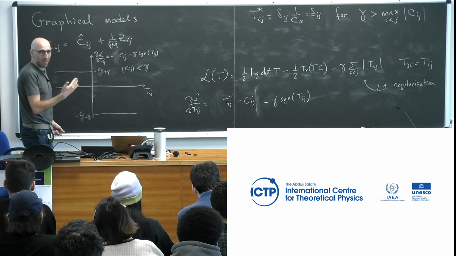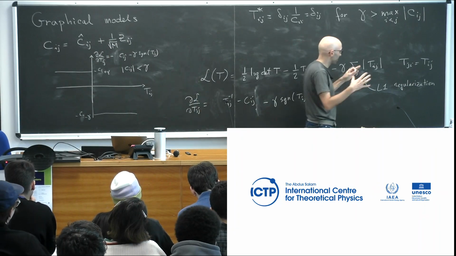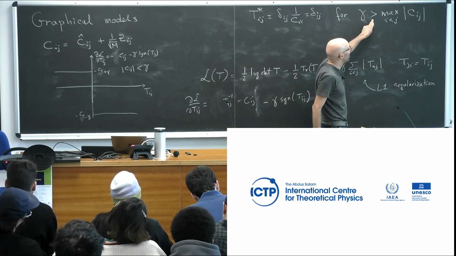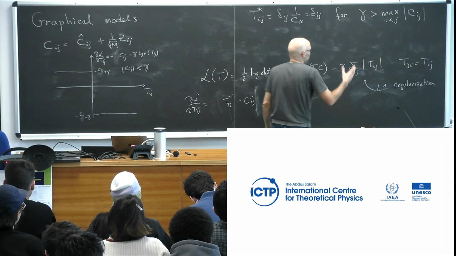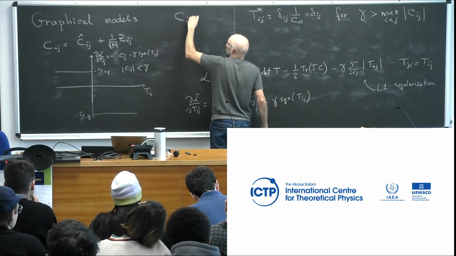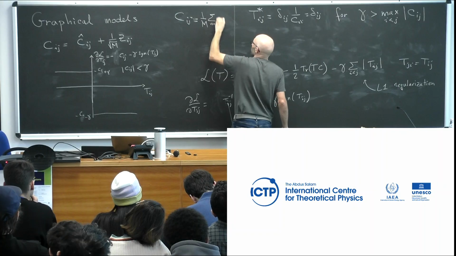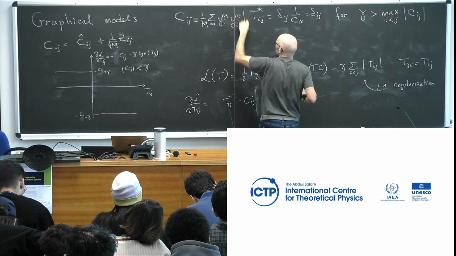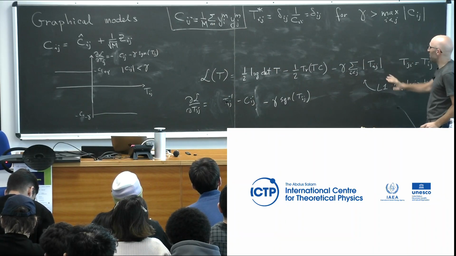Now you decrease gamma. You start with very large gamma, your matrix is the identity, now you reduce gamma progressively. At some point, you hit the maximum c_ij. The c_ij is fixed, it is given by your data, right? c_ij is 1 over m times the sum over m of y_im y_jm. So this is your empirical correlation that is given. So you reduce gamma.